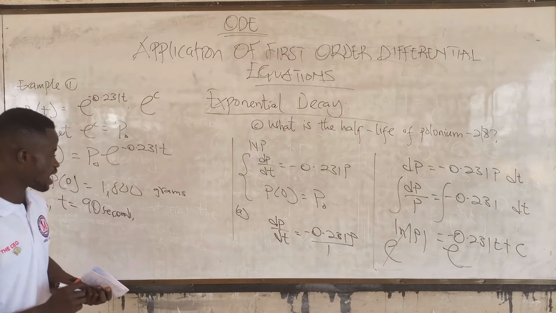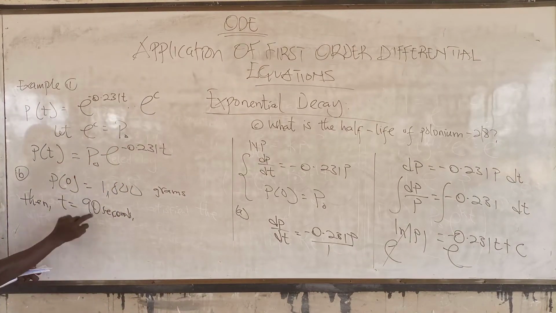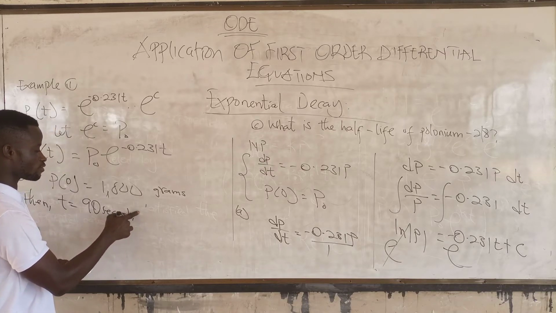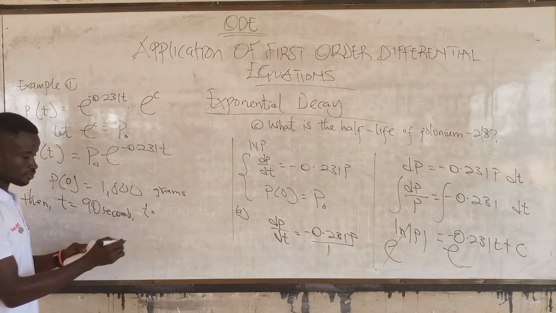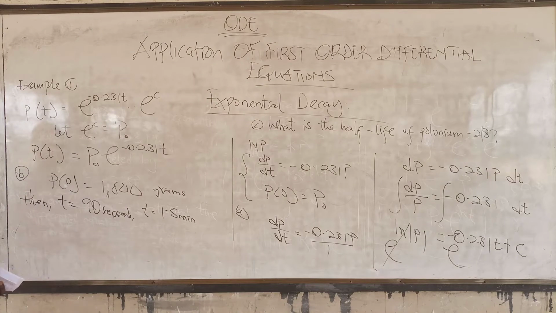But please don't forget, we are working in minutes. So we need to convert the 90 seconds to minutes, and that gives us 1.5 minutes. Alright. Then we can say that we know that P of 0 is equal to 1000.